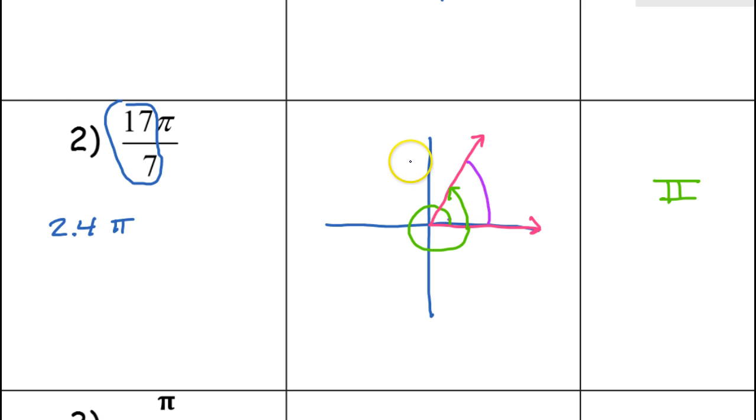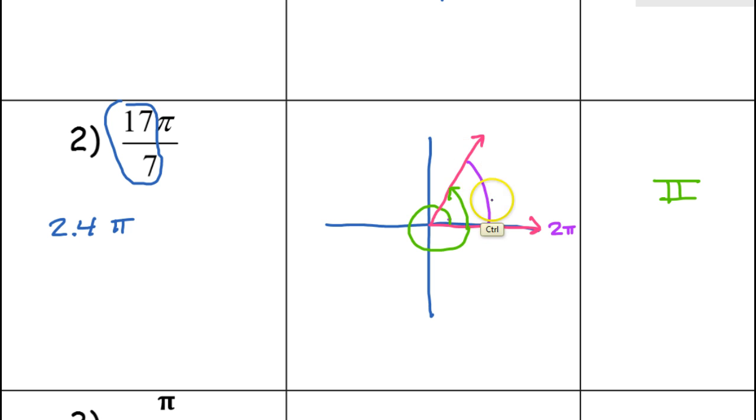So here's what you should do. Understand that as we were going around the circle, we went all the way around and we passed 2 pi. So I'm going to think of this as 2 pi, because I want to find the shortest path to the x-axis.